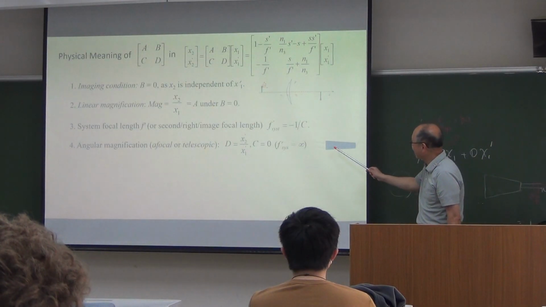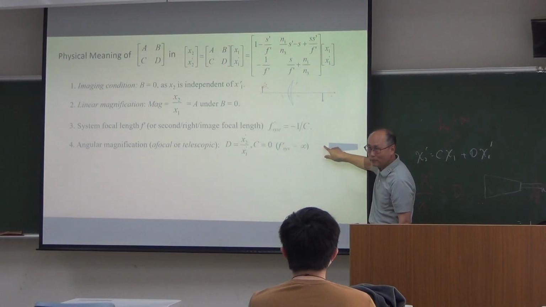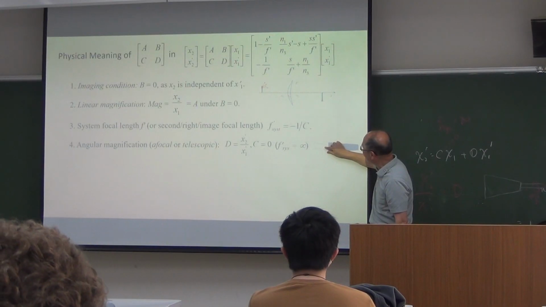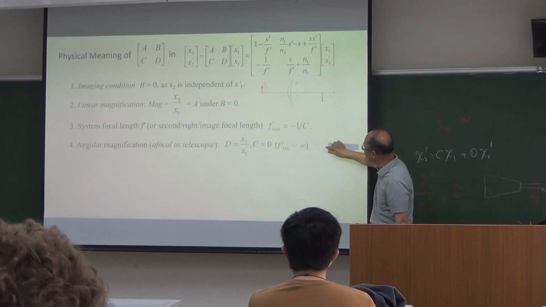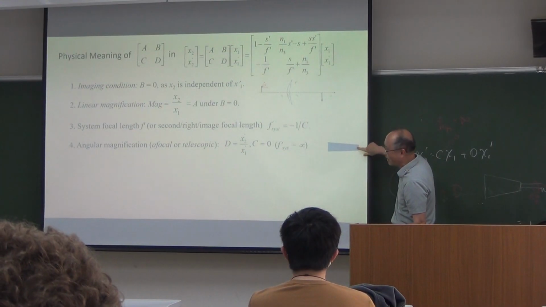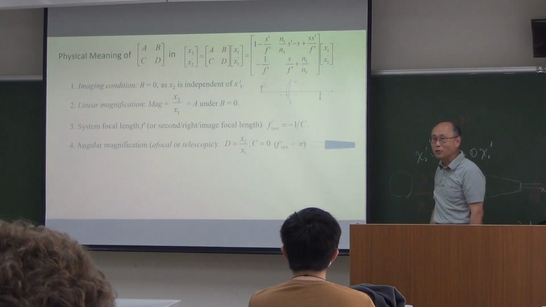Okay, so this is the characteristic of a telescope. But on the other hand, if you have a very small object here for a microscope, and you move the small object within this numerical aperture, you don't quite change this angle. That is just the opposite concept for a microscope.